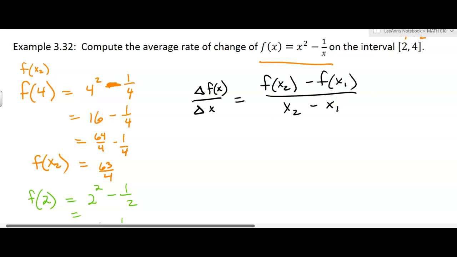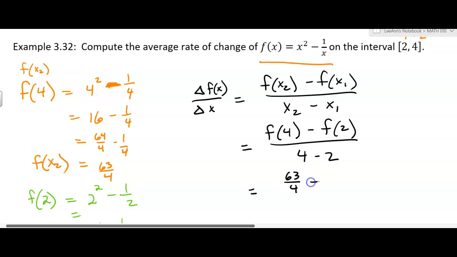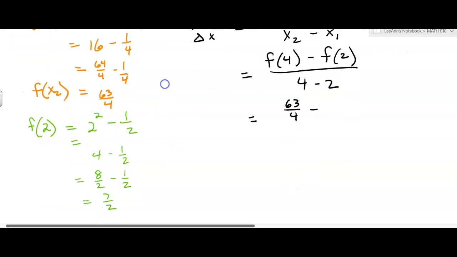And we already know what x sub 2 and x sub 1 are. So we want f of 4 minus f of 2 over 4 minus 2. And f of 4 was 63/4 minus, what was that, f of 2?